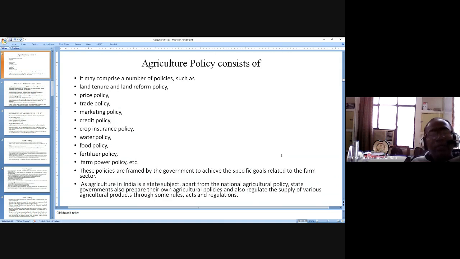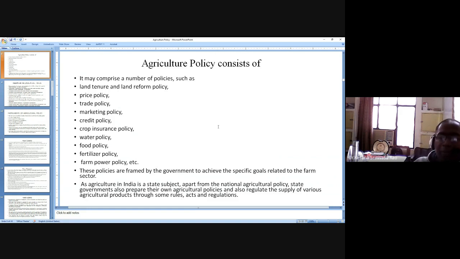Then the crop insurance policy. As you all know, agriculture depends upon the monsoons or the climatic conditions. Whenever the climatic and environmental conditions are not favorable, if they have insured their crops beforehand, then the farmers may not be affected.